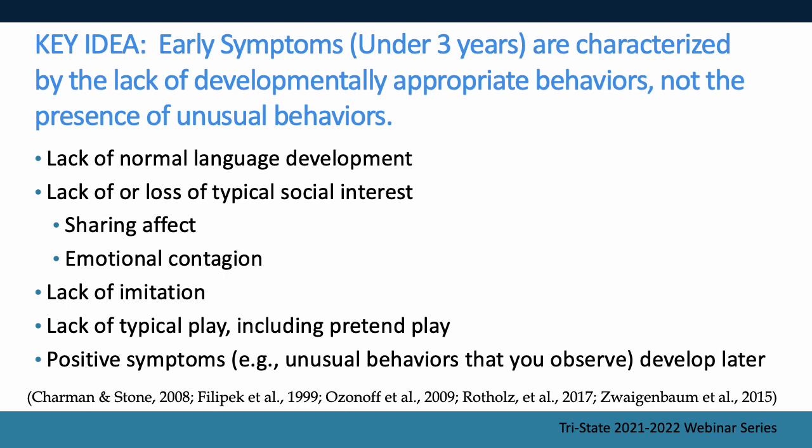And in general, it's a whole lot easier to identify things that you might think of as positive symptoms. They're right in front of you. But those things, like unusual behaviors you could observe, such as hand flapping or pacing in a circle, don't usually emerge until later in childhood. So in the early years, you're really looking for a lack of normal language development or a different trajectory or way of learning how to communicate.